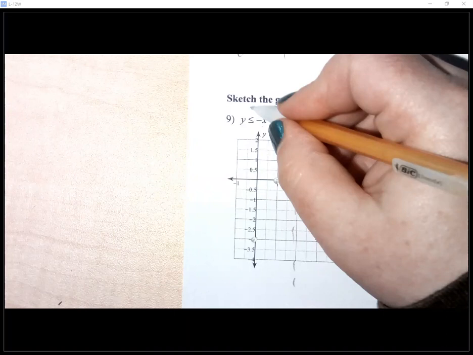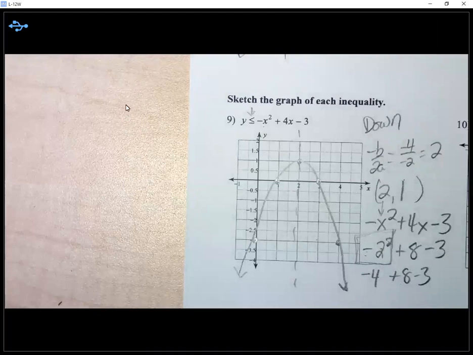Anyway, where would I shade? If y is less than. All right, let's see if that's working. Oh, good.